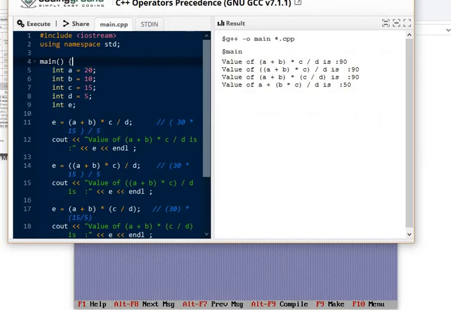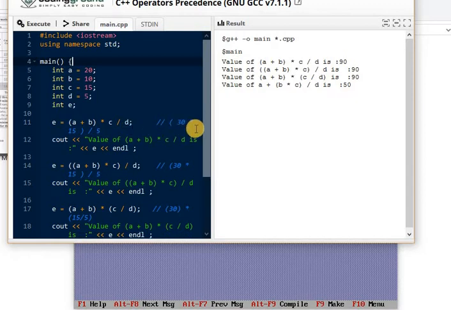So this is the sample program of the first practical, and this program will demonstrate the use of operator precedence. See here, main, int a equal to 20, b equal to 10, c equal to 15 and d equal to 5, and int e. So see here, e equal to (a plus b) into c divided by d.